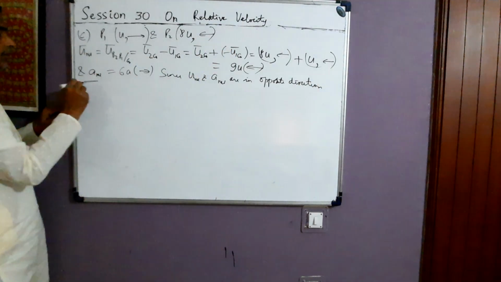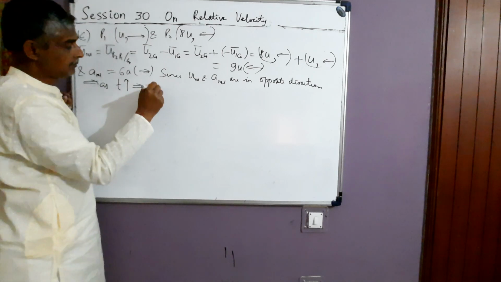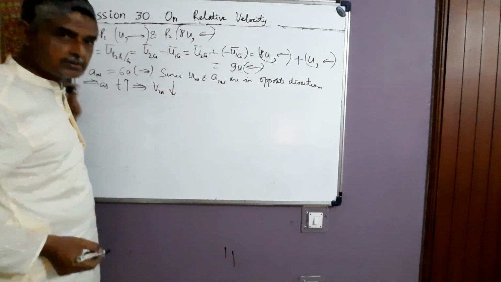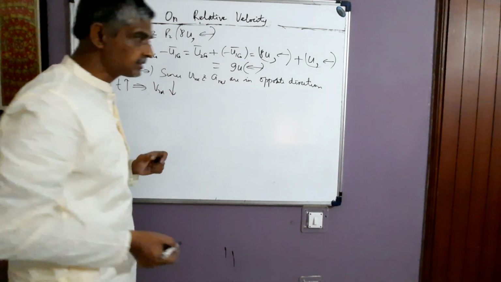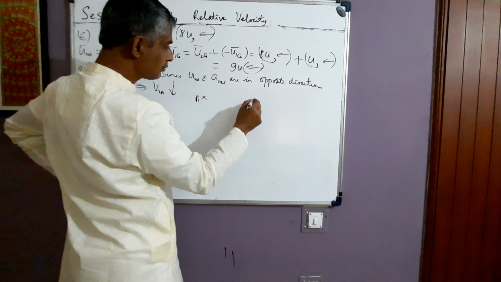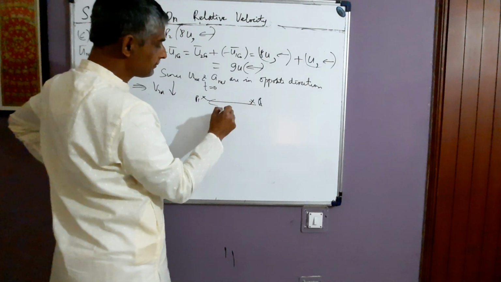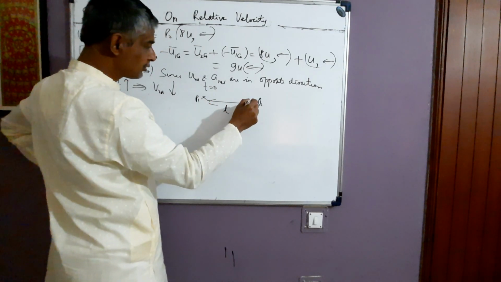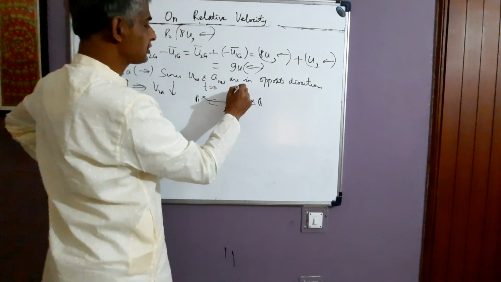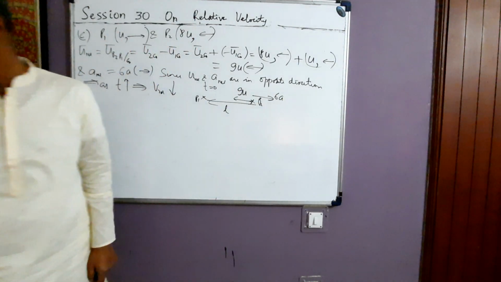Which means, as time passes by, v relative decreases. So again two cases arise. The first case: P1 is here at time 0, P2 is here at time 0. Initial separation is L. With respect to P1, P2 is moving leftward with initial speed 9u and a constant rightward acceleration of 6a.